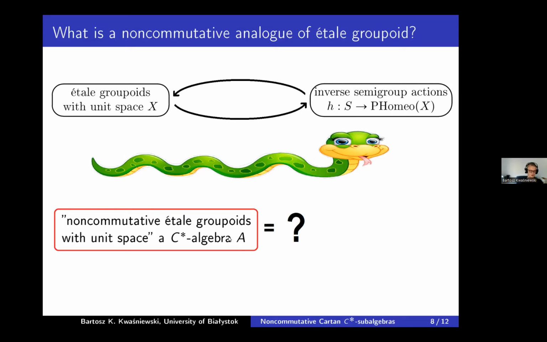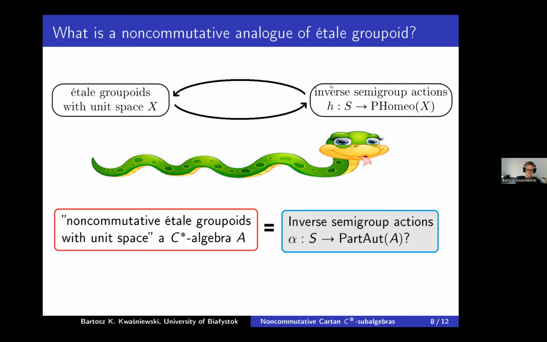So what is a non-commutative counterpart of an étale groupoid with a unit space being just the C*-algebra A? One could just rewrite this by considering inverse semigroup actions on a C*-algebra by partial automorphisms, and this makes sense.